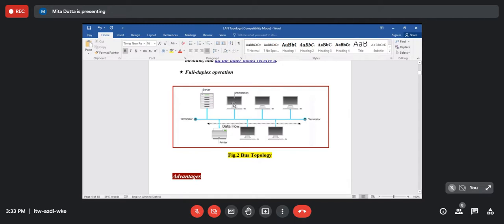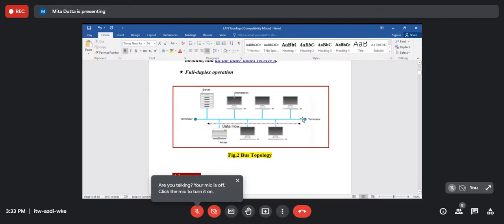That means when any information is sent by the workstation, it first comes onto the main cable, which is shown like this, a straight line or a single cable.